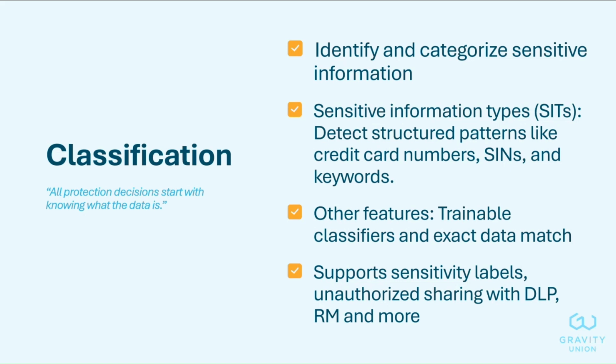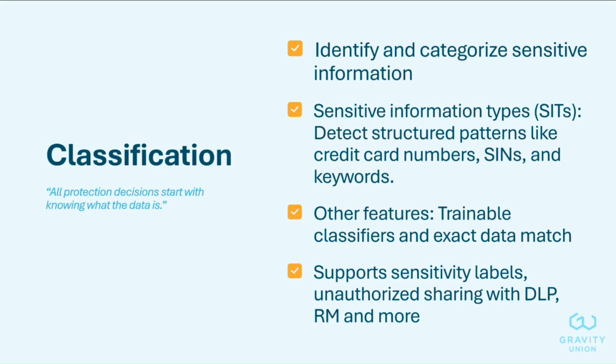And classification can mean a number of things. One of the core capabilities Microsoft has and has had in the platform from the early days is identifying and categorizing sensitive information. And if you've been in the Purview platform before, you might have seen sensitive information types under classifiers. And this is really pattern-based detection.